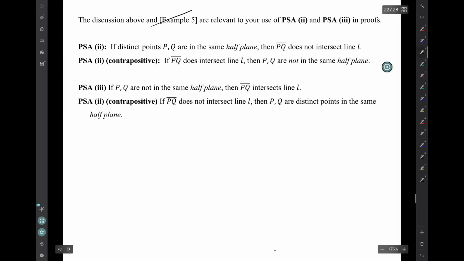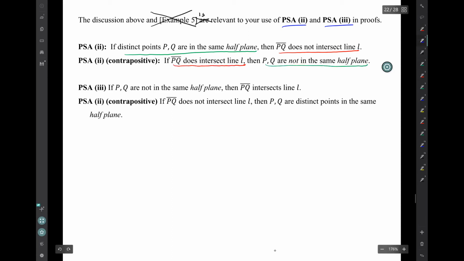Here there's a typo. So the discussion above is relevant to your use of PSA2 and PSA3 in proofs. Those statements and their contrapositives are shown here. PSA2 says, if distinct points P and Q are in the same half-plane, then PQ does not intersect line L. PSA2 contrapositive says, if segment PQ does intersect line L, then P and Q are not in the same half-plane.